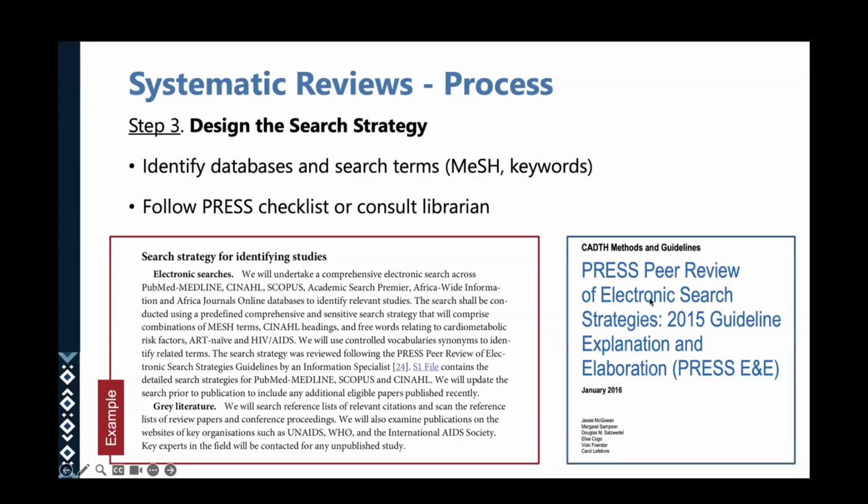So this is a very clear document on the PRESS guidelines that I advise everyone who is conducting a systematic review to have a look at. If you get the search strategy wrong, a lot of things are going to go wrong down the line, because you are just going to be screening and combining studies, and you would have left out a lot of studies because you did not make a very robust search strategy.